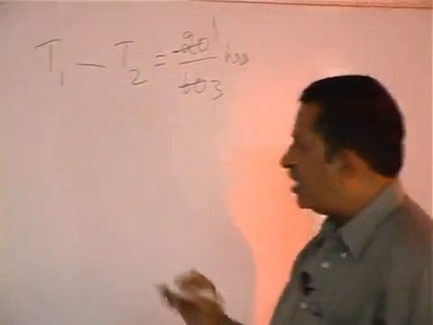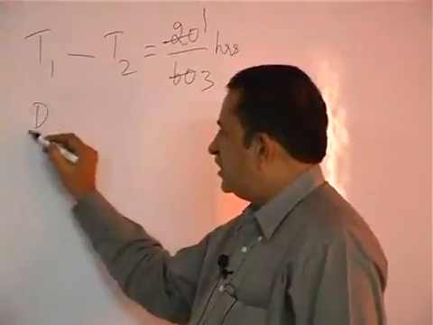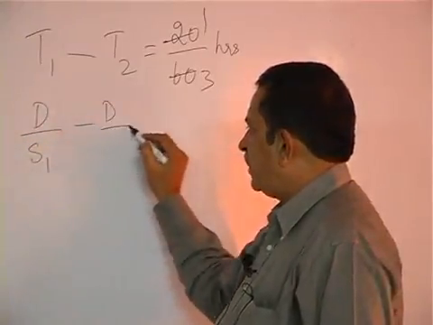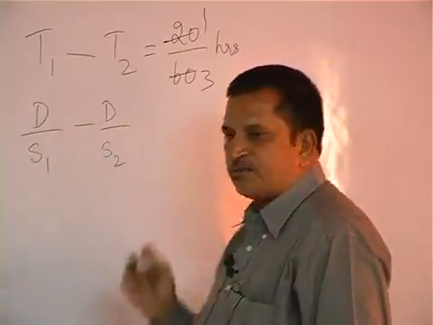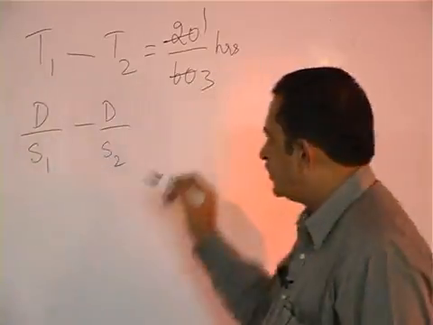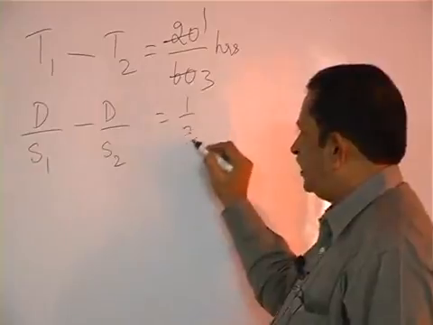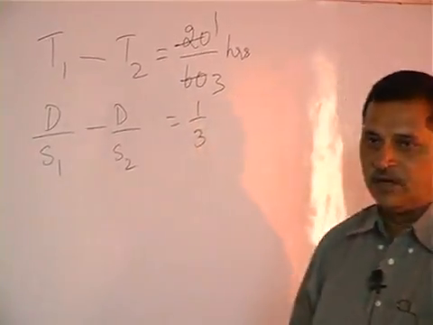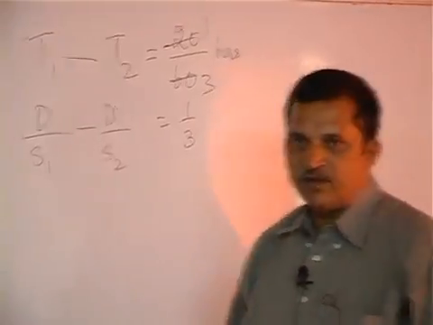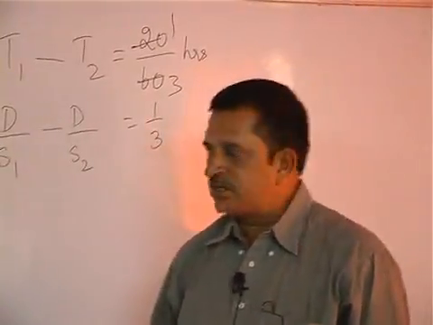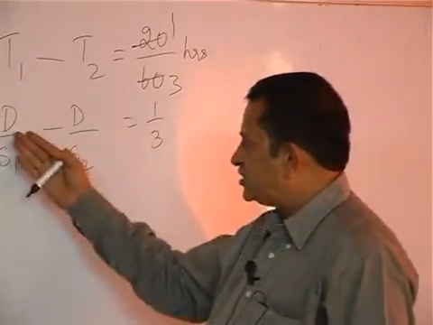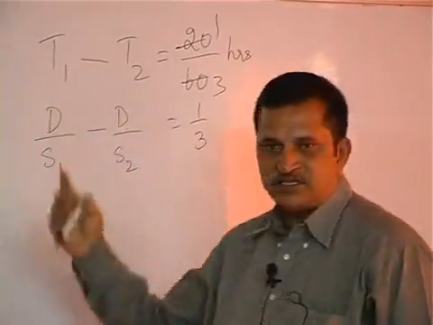The formula for time is distance by speed. Distance by speed 1 minus distance by speed 2 is equal to 1 by 3. I have not mentioned d1 and d2 because distance is constant.